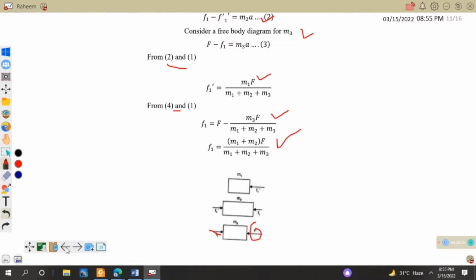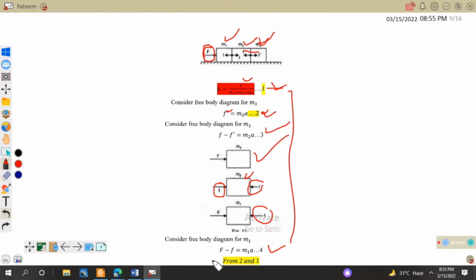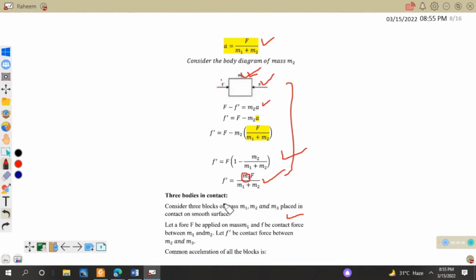Okay, in this case, if we look back just for analogy, this F prime was the contact force when we applied the force on m2. So we have the value of m1 at the top of the fraction.